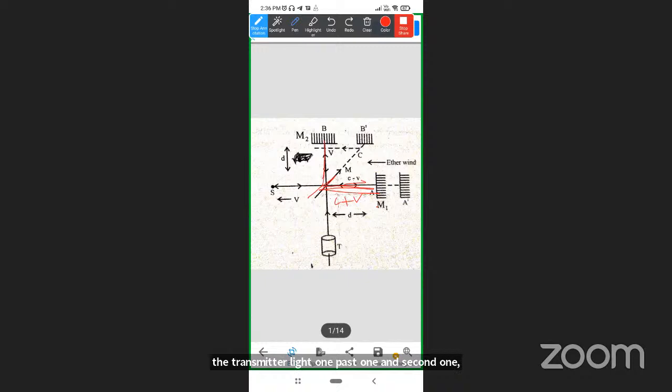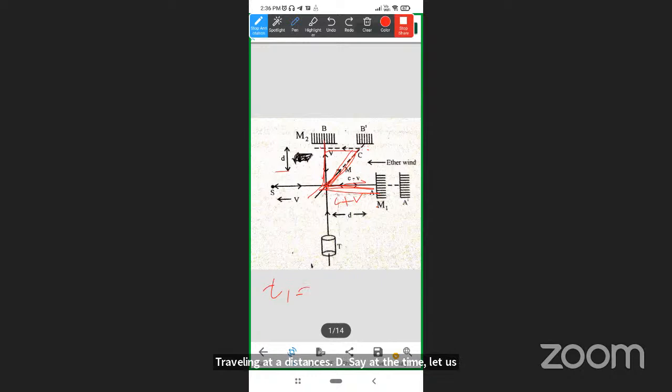This light, reflected from glass plate M, reaches the M2 mirror not at B but at B dash, and comes back to the mirror M. The total time taken by the reflected light travelling a distance D, let us consider, is time T1.